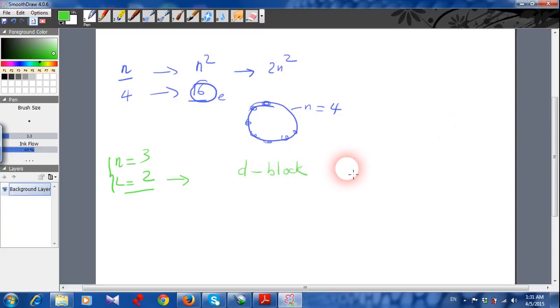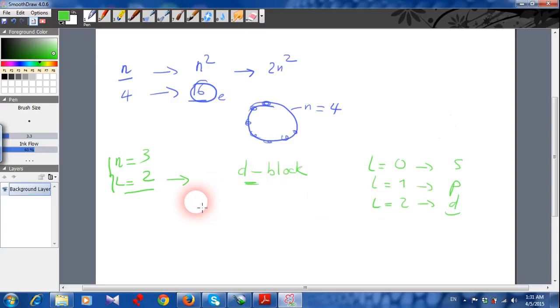Let's review some concepts: with l equal to 0, we talk about s orbital, l equal to 1, p orbital, and l equal to 2, d orbital.